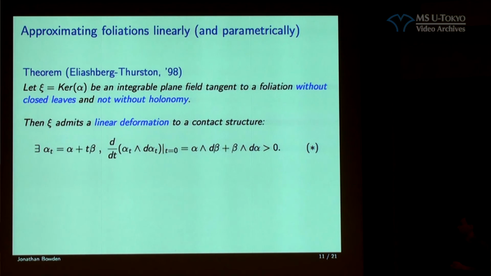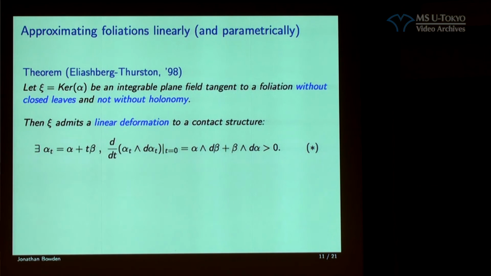Let's say. Then you take a line, you can find a beta, so that the line starting at alpha in the direction of beta, call it alpha_t, a one parameter family of one-forms, has the property that when you stick it in alpha_t wedge d alpha_t, the linear part at initial time is positive.